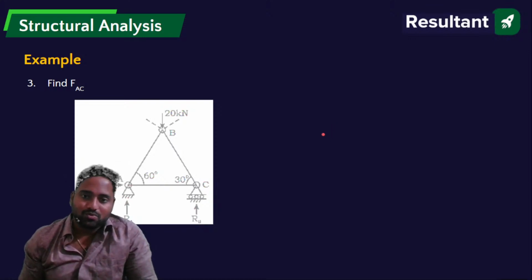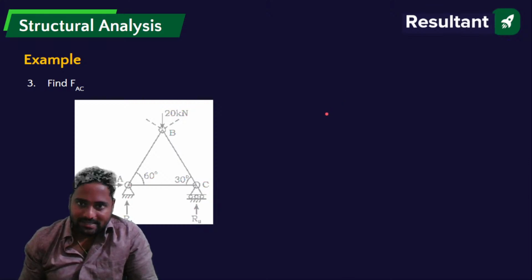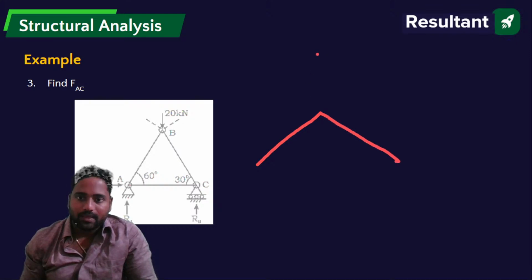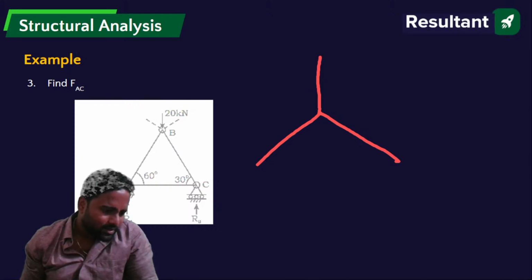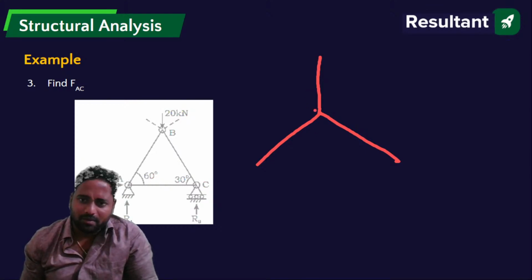You can use what? Sine rule. So if I take this, three forces, or three members, are meeting at a joint. Hi Giridharan. The name says you are from Tamil Nadu. Are you from Tamil Nadu?